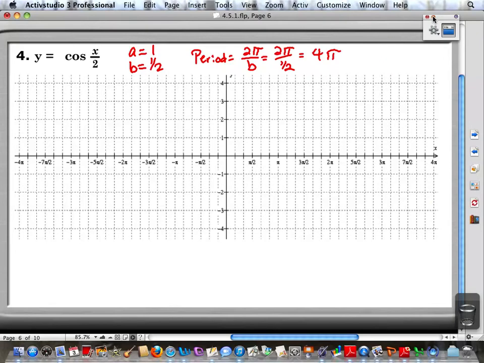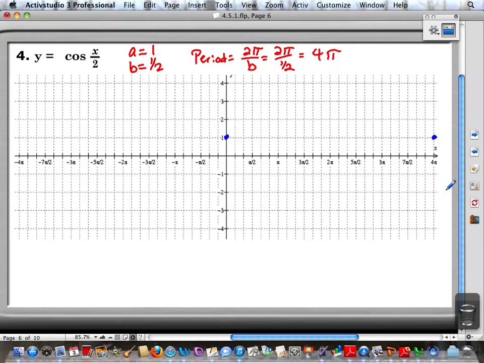Now, since it's a cosine function, at 0, remember the cosine function started at its maximum. It started at positive 1. So the beginning and the end are in the same spot. And the reason we came out to 4 pi is because that was our period. If the period is 4 pi, that's when I'm going to get back to the same point that I started with.